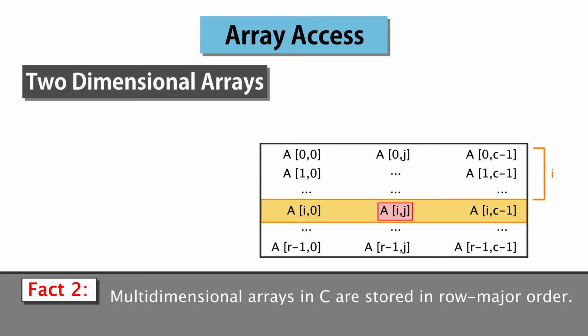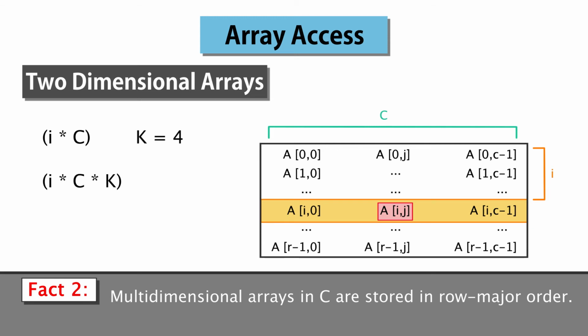Each of those i rows contains a number of elements equal to the total number of columns C. That means that there are a total of i times C elements in those i rows above us. Each of those elements requires a number of bytes appropriate for the element type. Let's call that K. For example, for an int array, K equals 4, since an int occupies 4 bytes. Therefore, for any element in the ith row, there are i times C times K bytes in the i rows above us that will be stored before our row.